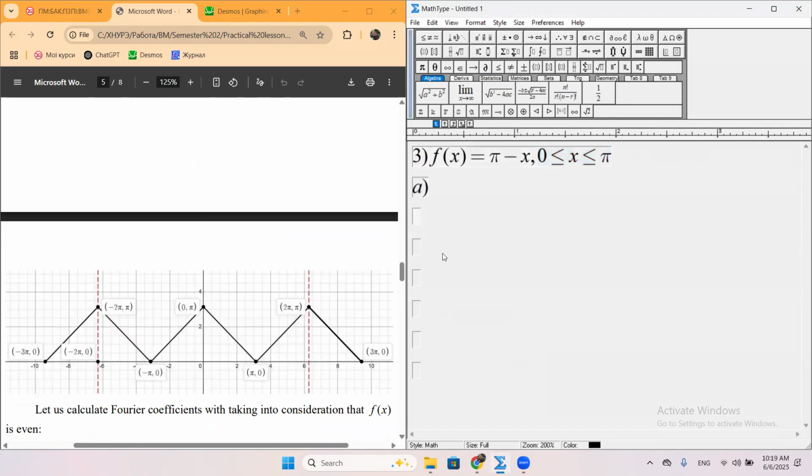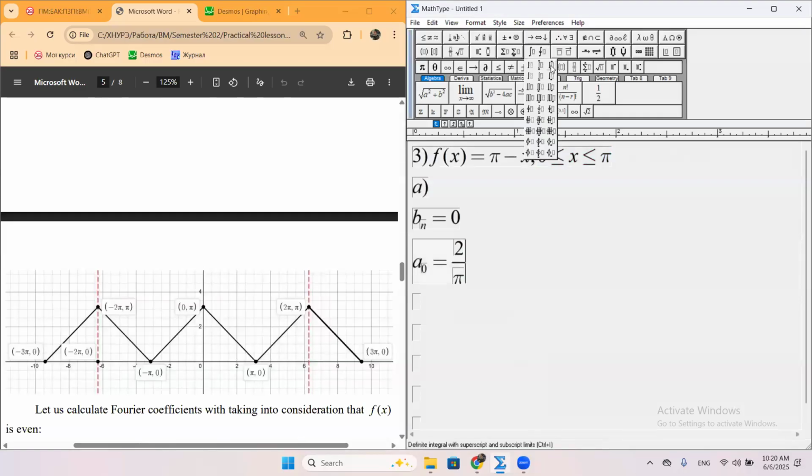And how will the Fourier coefficients look? bn will be equal to 0. a0 will be calculated as 2 over p times the integral from 0 to p of f(x) dx.